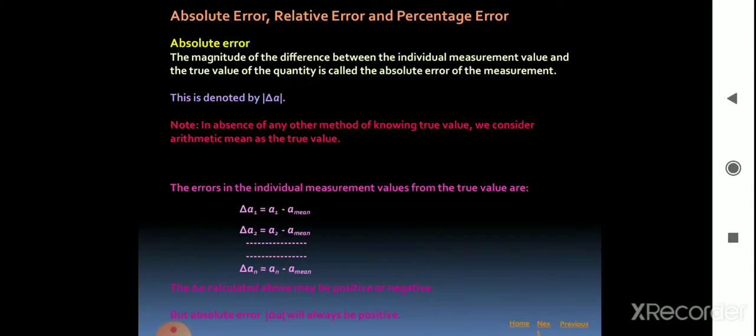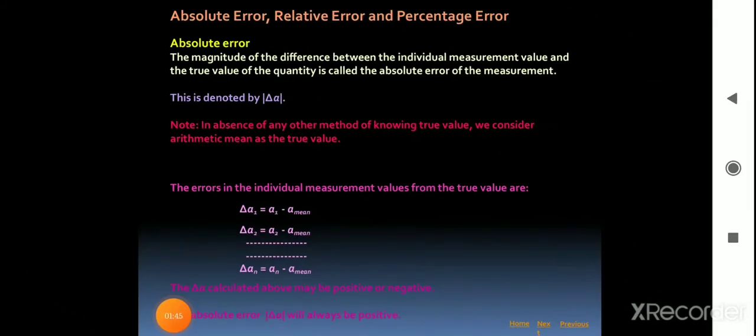Now, in today's class, let us study about absolute error. The magnitude of the difference between the individual measurement value and the true value of the quantity is called the absolute error of the measurement. So, it is the difference between the individual measurement and the true value of the quantity.